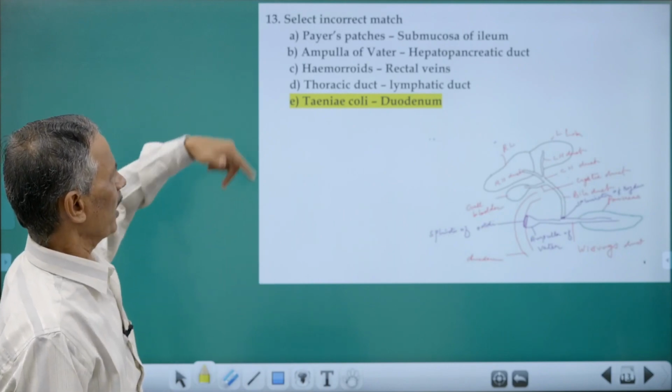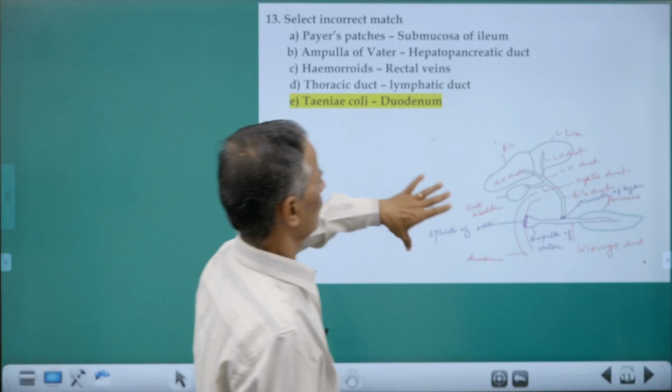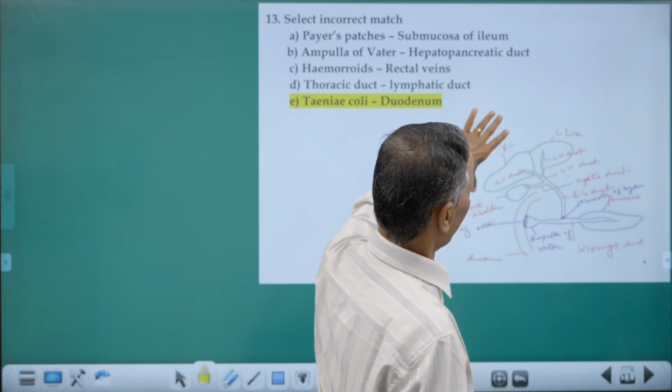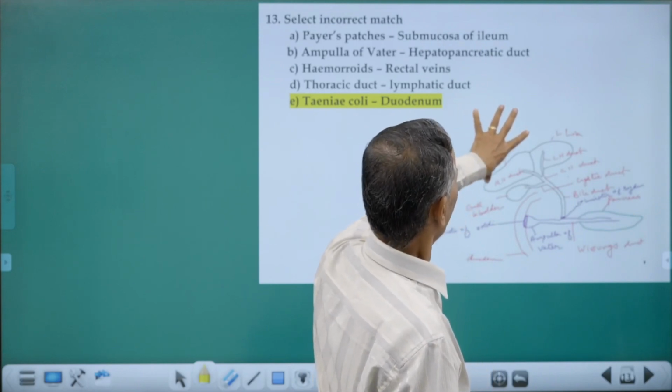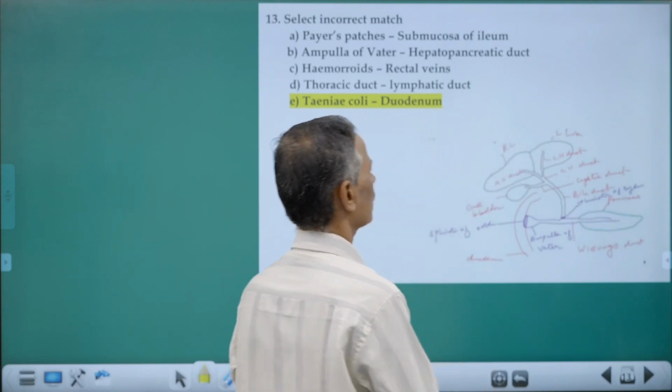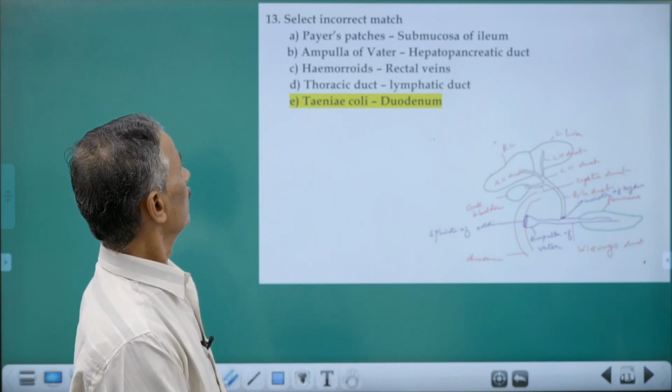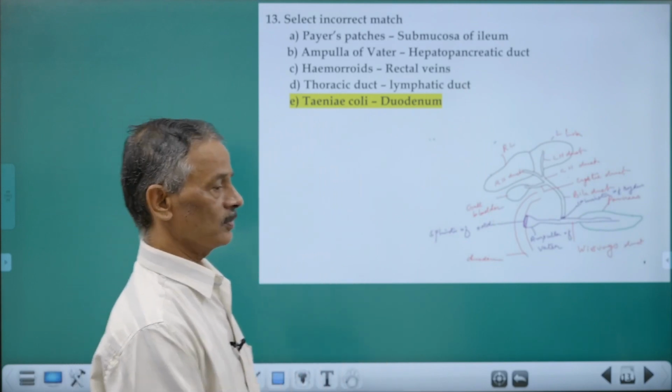Select the incorrect match. See, here I have given the diagram of the ducts of the pancreas as well as the liver. What are Peyer's patches?